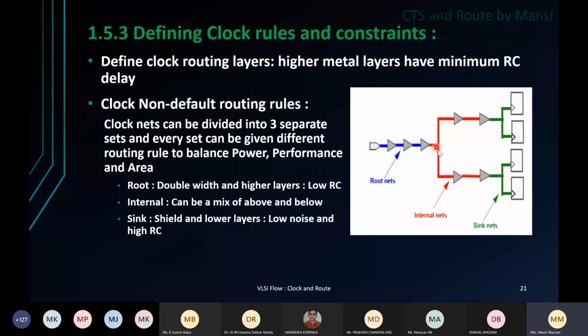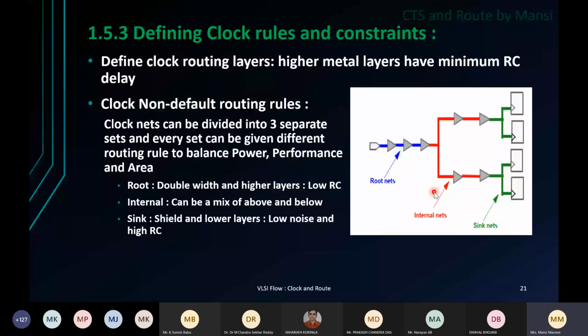Then it has to come down to the cells. Usually standard cell pins are in either metal 1 or metal 2. My clock tree is built in metal 10, 8, 9 or something. So it has to come down to metal 1 or metal 2 to drive the clock pin of this flop. So as soon as it starts coming down, we call them internal nets of the clock tree.